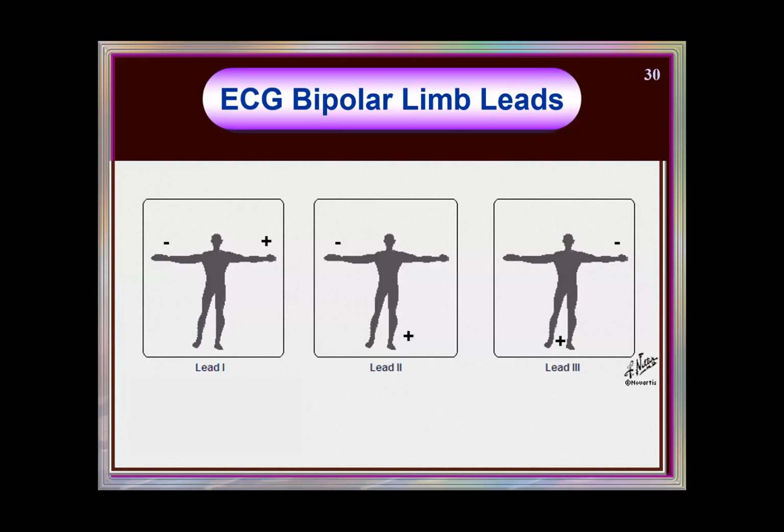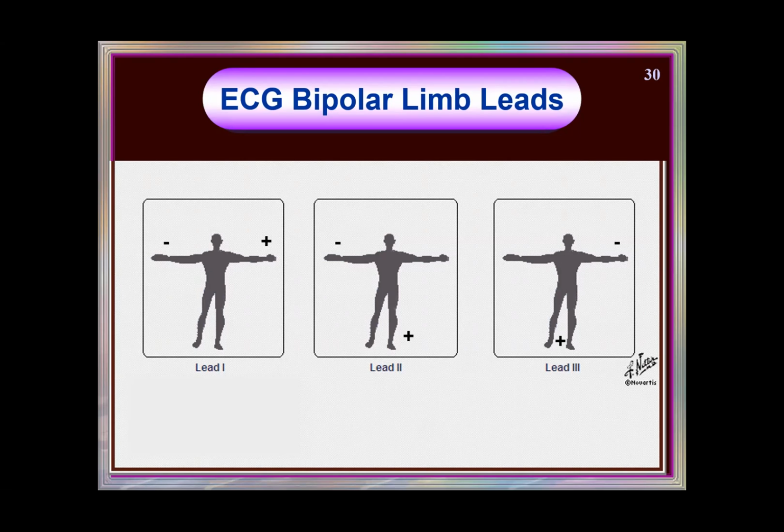Now, there are unipolar leads and bipolar leads. Bipolar means there are two poles. We are taking the potential difference between two poles, a positive pole and a negative pole. That is why they are called bipolar leads. As far as the ECG is concerned, there is only one foot. The ECG man does not have two feet.